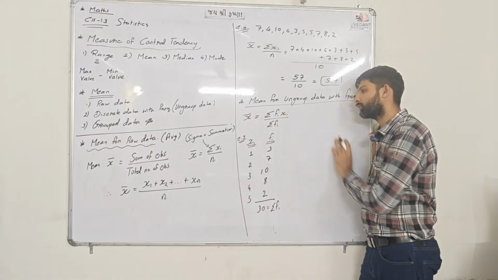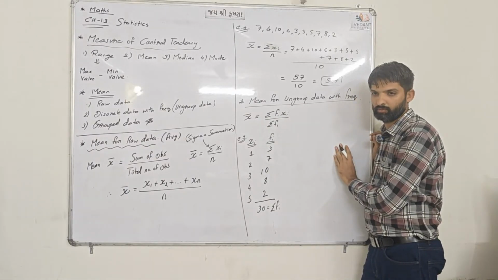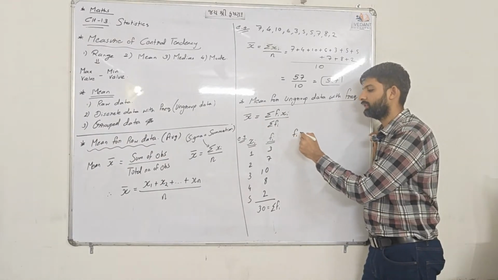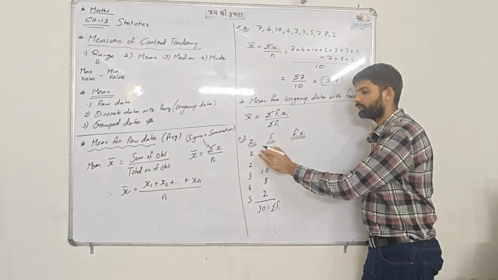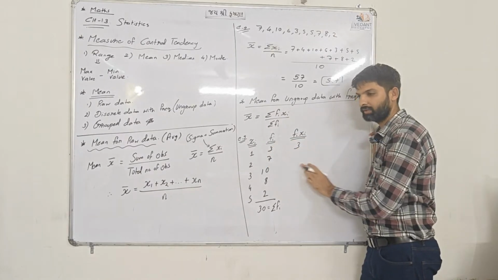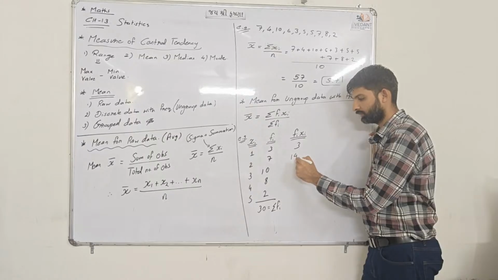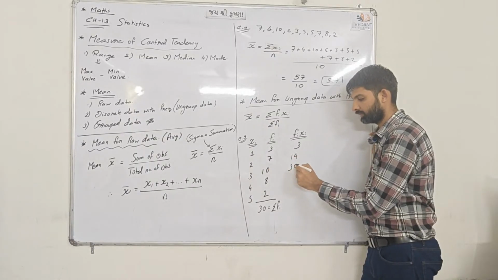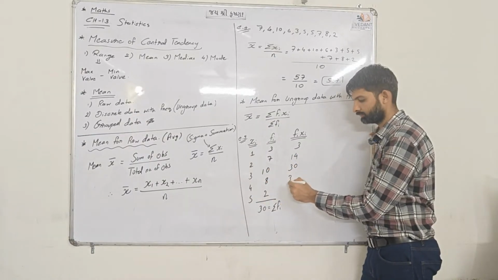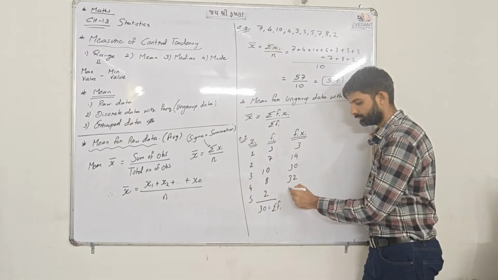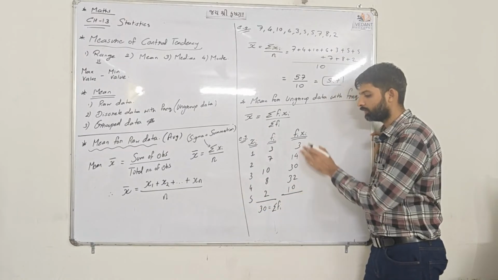Now your task is to find fi xi. Okay, fi into xi. So 3 ones are 3, 7 twos are 14, 10 threes are 30, 8 fours are 32, 2 fives are 10. Now again you need to add all these values.